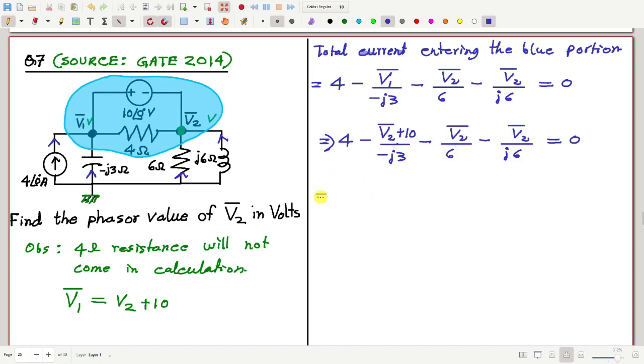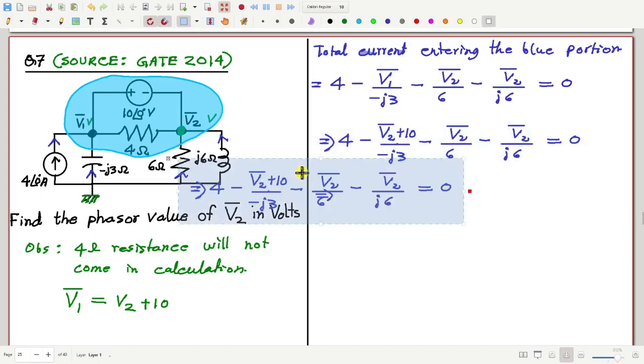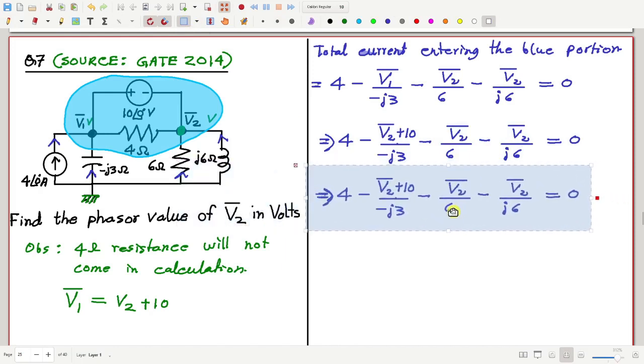If I multiply everything by 6, then I will get 24. Here the 3 will be gone, minus minus becomes plus, this 6 will be gone, this 6 will be gone. I can bring this j in the denominator upstairs, so make it plus j.